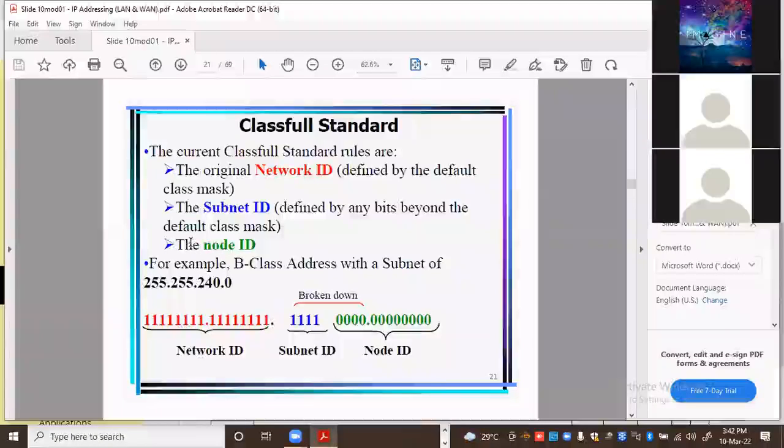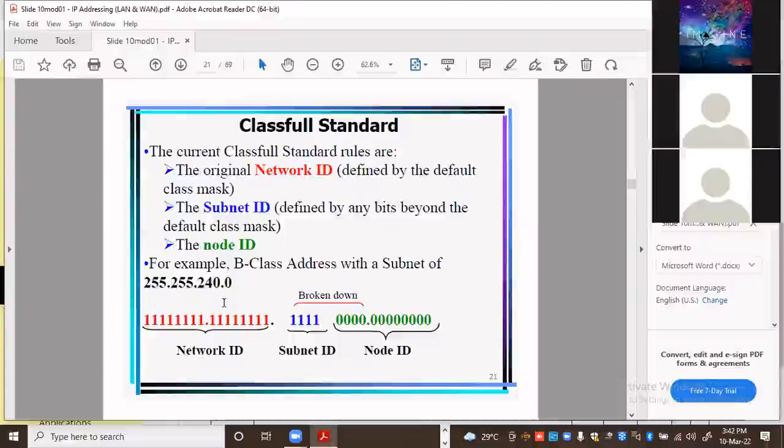So anyways, these are the default subnet masks for the various classes of IP that we have: 255.0.0.0 for class A, 255.255.0.0 for class B, and 255.255.255.0 for class C. And if you notice, for class A, I said 255, meaning that we've occupied the first octet.